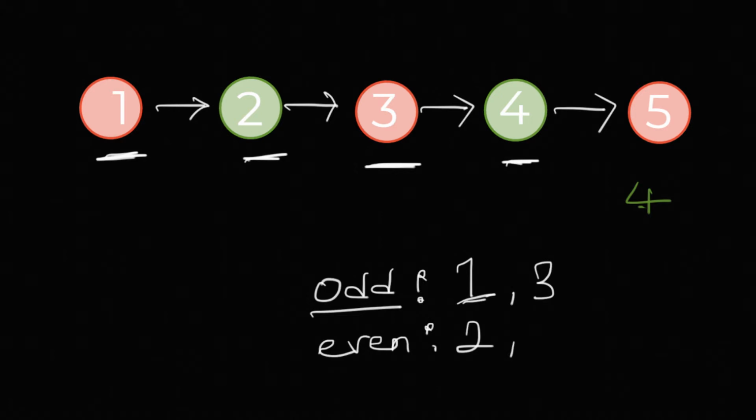Turns out 4 is an even index, so we add the value at index 4. Value at index 4 is 4, so we add 4 to the even array list. And then we move on to the next iteration, incrementing the counter as we go. The counter now becomes 5. And then we check, is 5 an even index or an odd index? Turns out 5 is an odd index, so we add 5 to the odd array list.